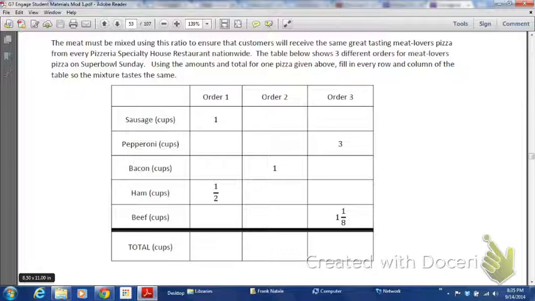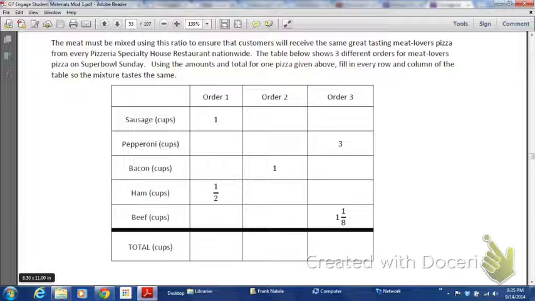Okay, so now continuing on in the problem here. The meat must be mixed using this ratio to ensure that customers will receive the same great tasting Meat Lovers pizza from every pizzeria, specialty house, restaurant nationwide. The table below shows 3 different orders for Meat Lovers pizza on Super Bowl Sunday.